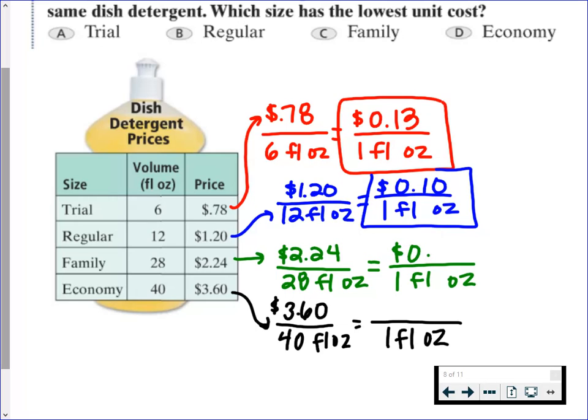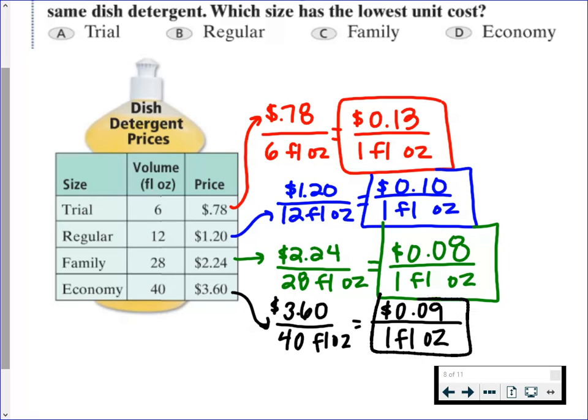By the way, I had to get some scratch paper out because there wasn't enough room on my screen. And then $3.60 divided by 40, I can actually do that in my head. 36 divided by 4 is 9 cents.